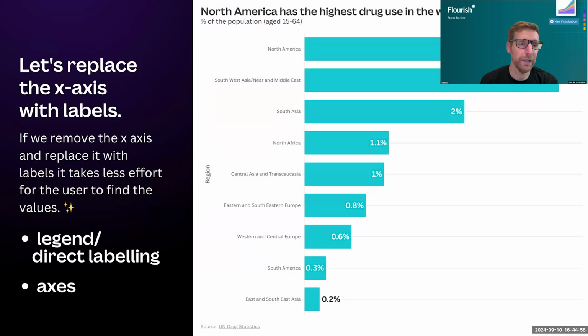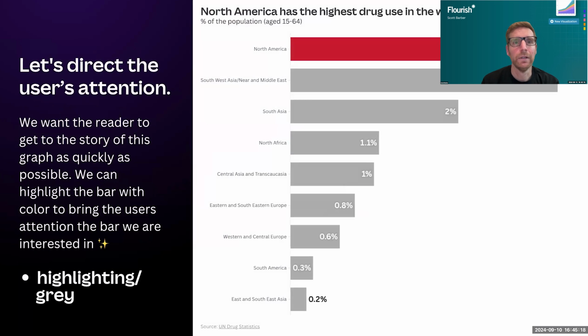And one of the things we've done here, I'm not sure if anyone got this one, people talked about the grid lines and so on, but instead of using a numerical axis along the bottom, we've just labeled each bar. So now we can immediately tell the number for North America is 3.4, rather than having to read down off of the axis for each individual one. Okay, now we're trying to really emphasize our story.